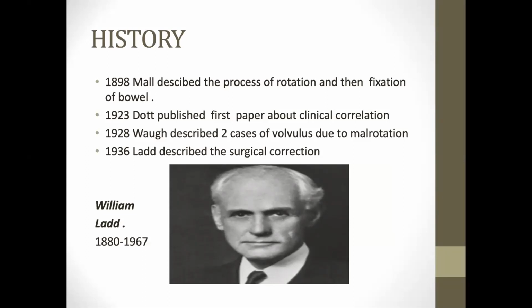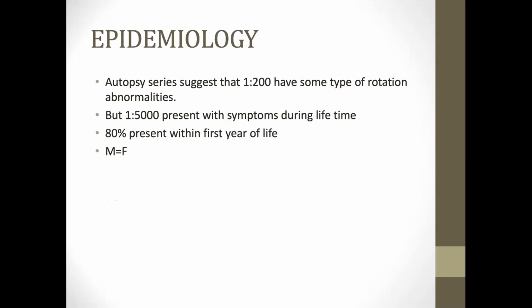Then in 1923, Dott published the first paper about clinical correlation of malrotation. In 1928, Snow described two cases of volvulus due to malrotation. In 1936, Ladd described the surgical correction of malrotation.